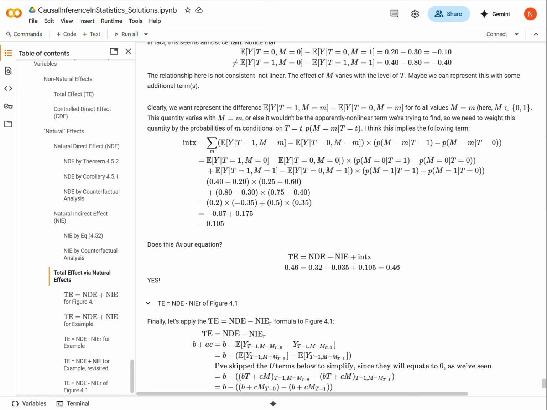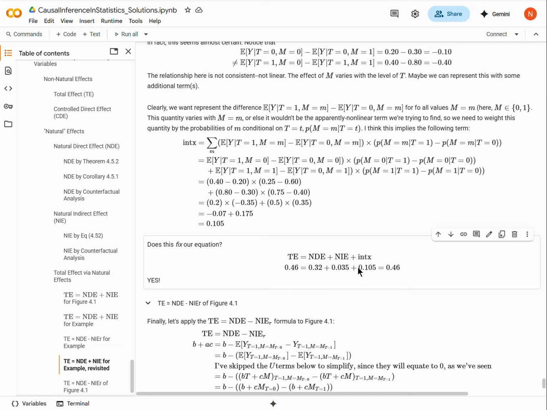Okay, right here. So what we're going to do is we're going to modify that by adding an interaction term here. Now, in this case, we already know what the interaction term has to be, because we know the natural direct effect and the indirect effect, and we know the total effect, and the extent to which the total effect is not equal to the sum of the natural direct effect and indirect effect must be this interaction term here.